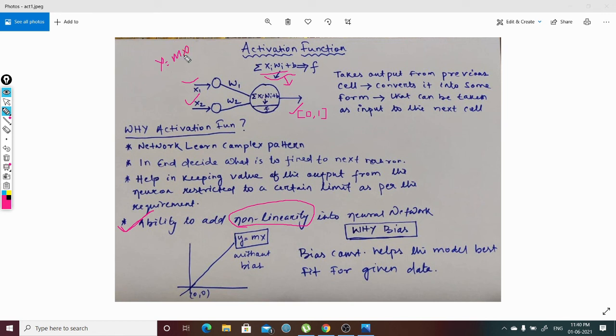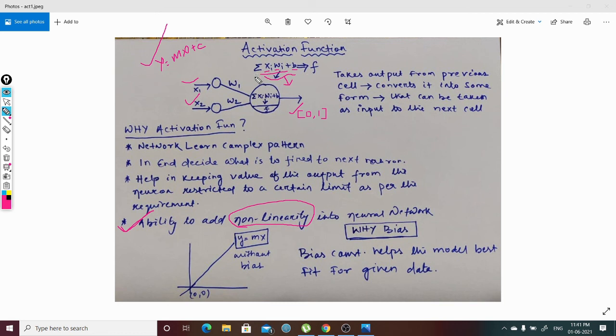I'm not able to write this properly, so you can guess it. So this is a linear function. Whatever input is coming, input times some weight plus bias, it is similar to a linear function. So this is the input, this is the coefficient value, and this is the intercept value, or you can say bias.